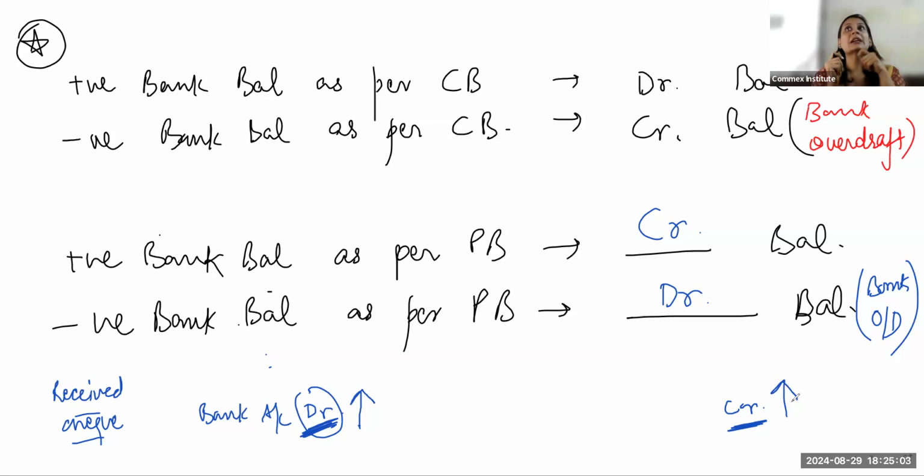So many times when I start with that entry, we debit the bank account in your journal chapter. There many children get confused: ma'am, I saw my father's statement, so whatever has been received has been credited.